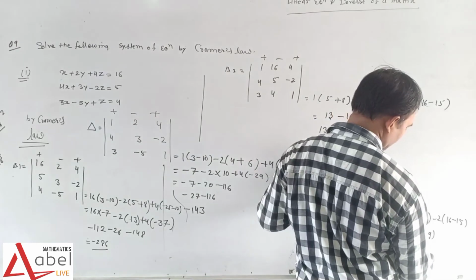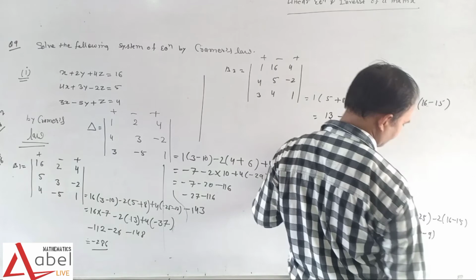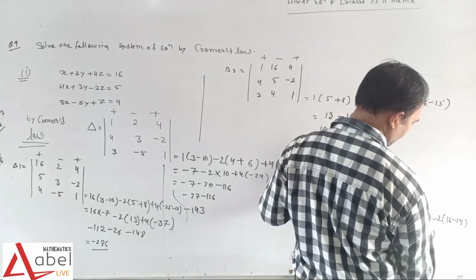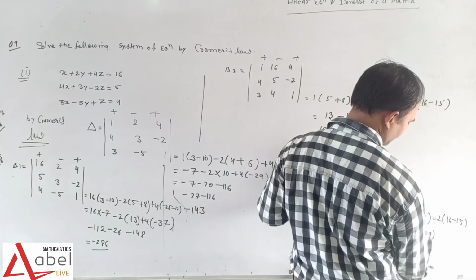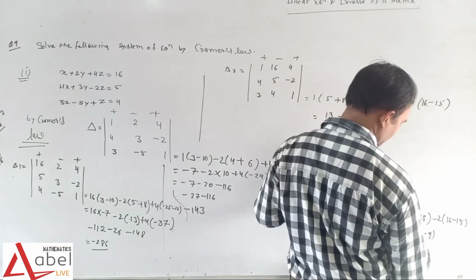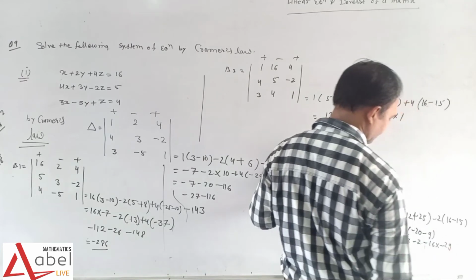So what about here, it is 37, it is minus 2 and it is into 1, so it is minus 2, it is minus 16 and it is minus 29.